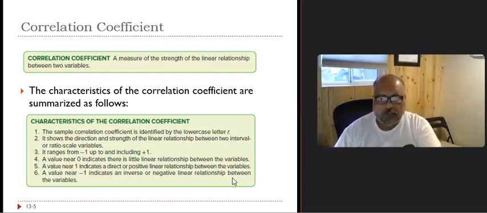So we'll see some characteristics of the correlation coefficient. First of all, it's linear. Then it ranges from -1 to +1. It measures the strength of the relationship, and it's denoted by a lowercase letter r.